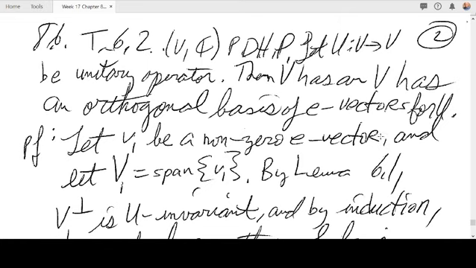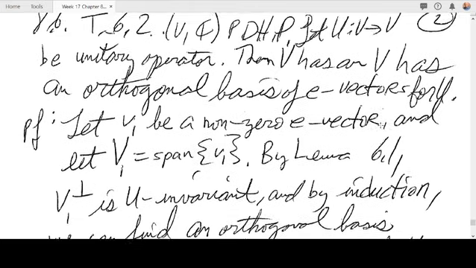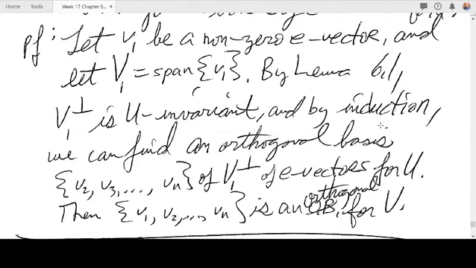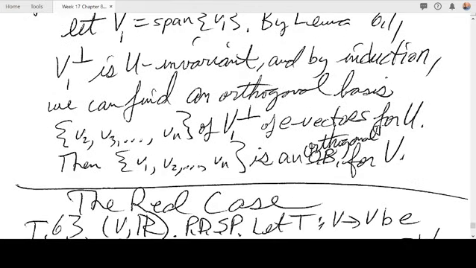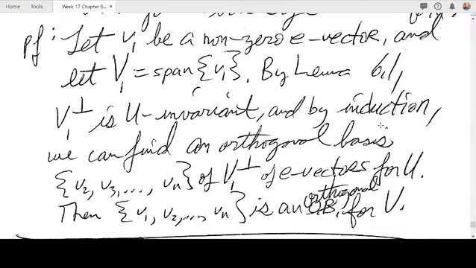Same hypotheses, V over C with a positive definite Hermitian product. U is a unitary operator. This is the important one I want to look at. V has an orthogonal basis of eigenvectors corresponding to U. That's important, and the proof is by induction.